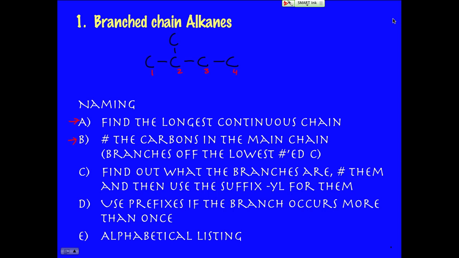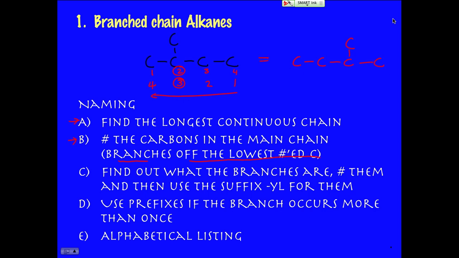And I want you to notice that I also numbered it so that the branches are off the lowest numbered carbons. What I mean by that is, instead of numbering this 1, 2, 3, 4, where the branch would have been off the 3, if I number it backwards, the branch is off of the 2.